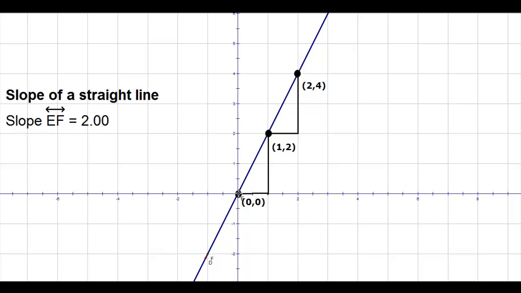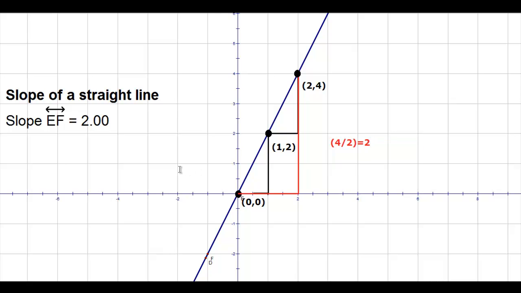Now say we had moved from 0 to 2, that is, instead of a run of 1 unit to the right, I have a run of 2 units to the right. Now to get back on the line, I'll have to have a rise of how many? 4 units. Now you can see a run of 2 corresponds to a rise of 4, and 4 divided by 2 still equals 2.